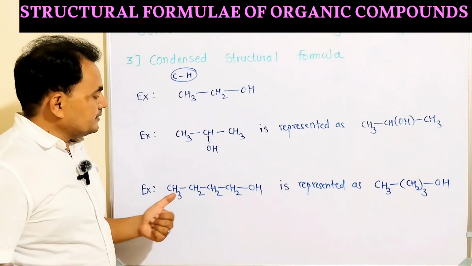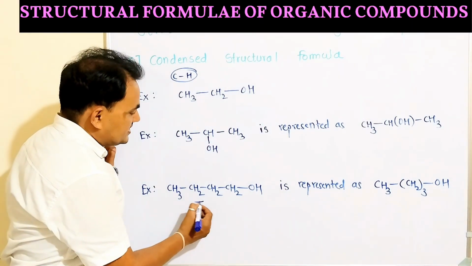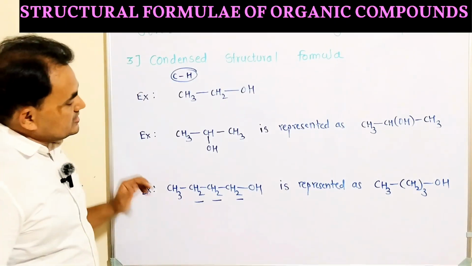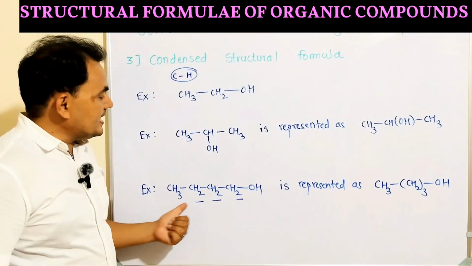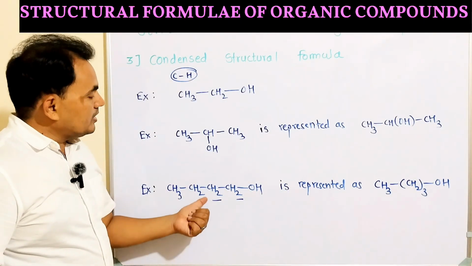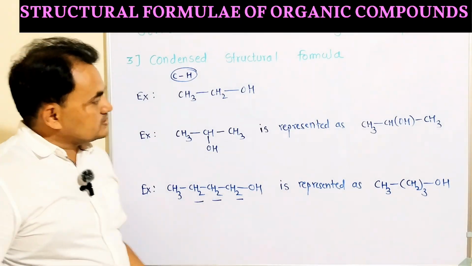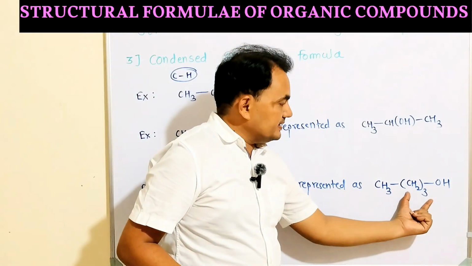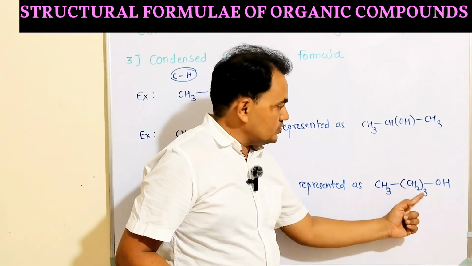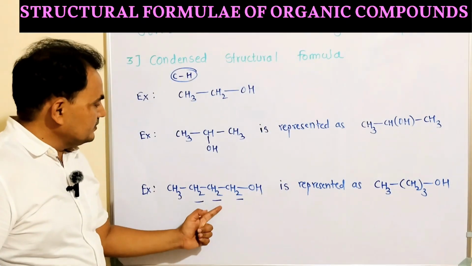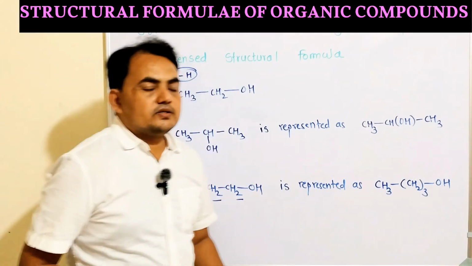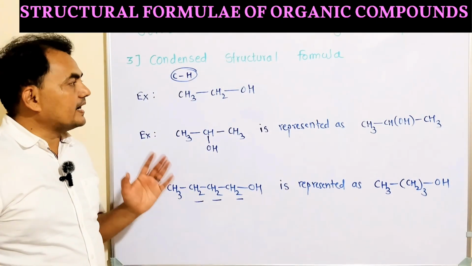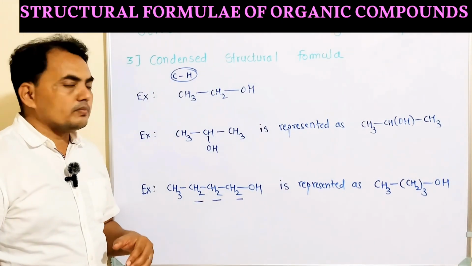Similarly, repeated groups are, suppose, CH2 CH2 CH2. These are the 3 CH2 which we repeatedly write. So this is n-butanol, and these three CH2 groups we can write in the bracket. Since 3 CH2 are there, we write these repeated groups in the bracket. So in this way we can write the condensed structural formula.